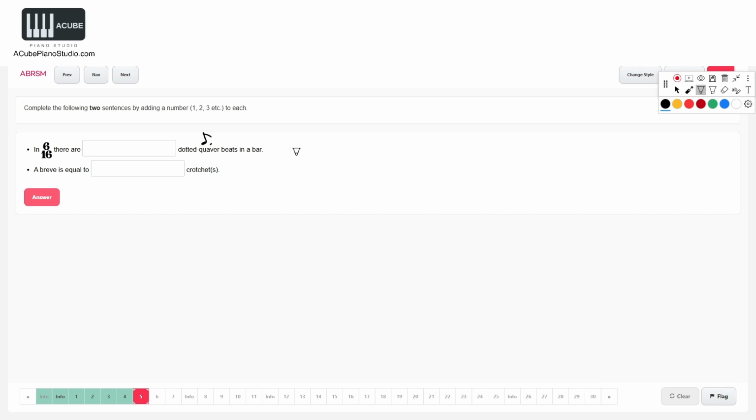Sorry, 6/16. So in 6/16, when the bottom number is 16, that means each beat is a semiquaver beat. And I know that there are 6 semiquaver beats in a bar. So in other words, something like this.